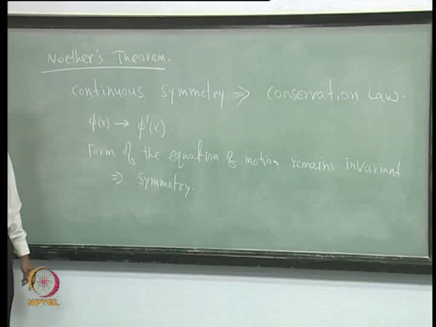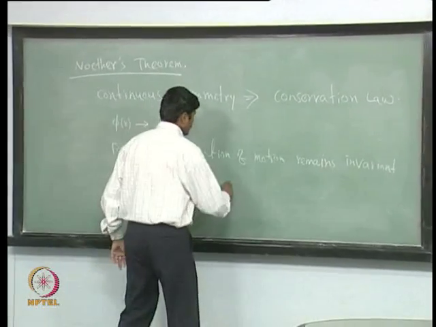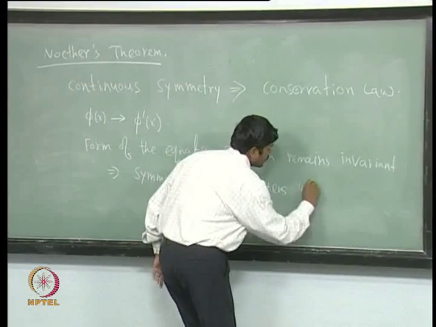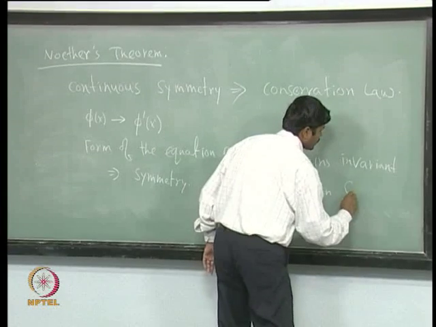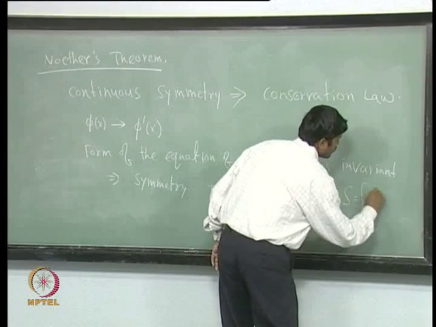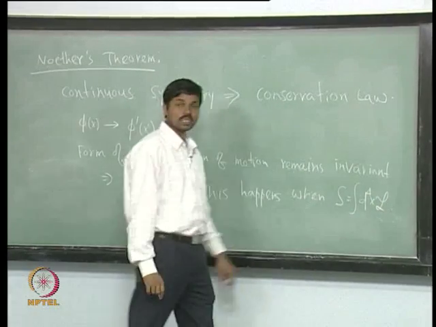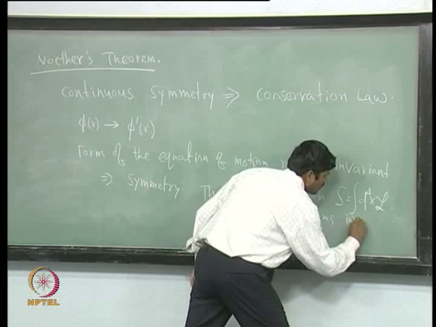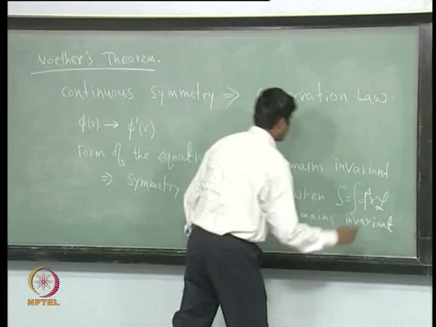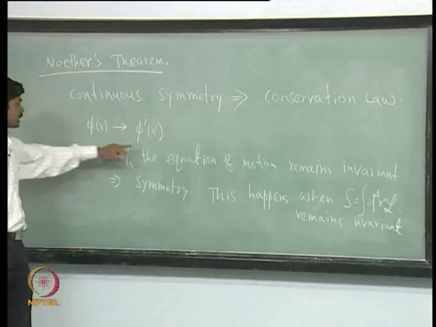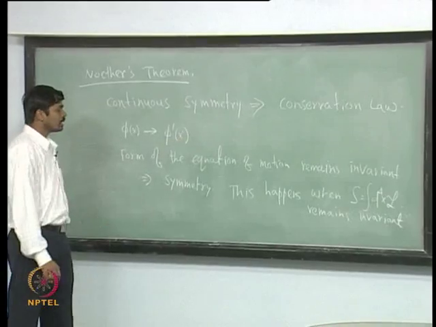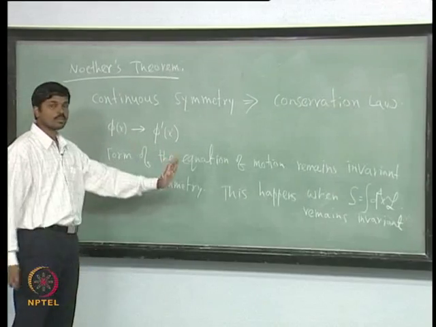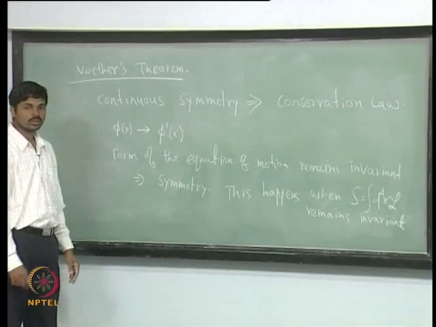This will happen if the action S remains invariant under this transformation. So, you make this transformation, and if the action does not change under it, then classically you have a symmetry in the theory.